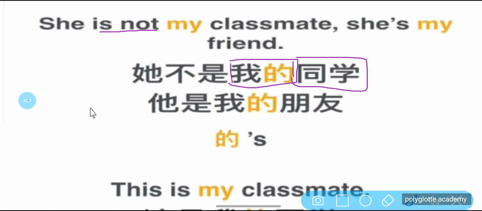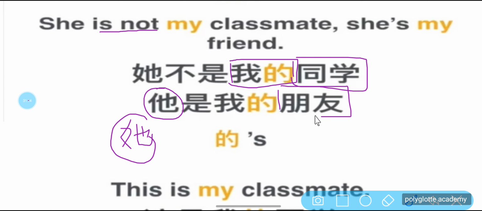Sorry, the she is not this character; it's a typing error. This is the character for she. So 他是我的朋友. 朋友 is a friend.